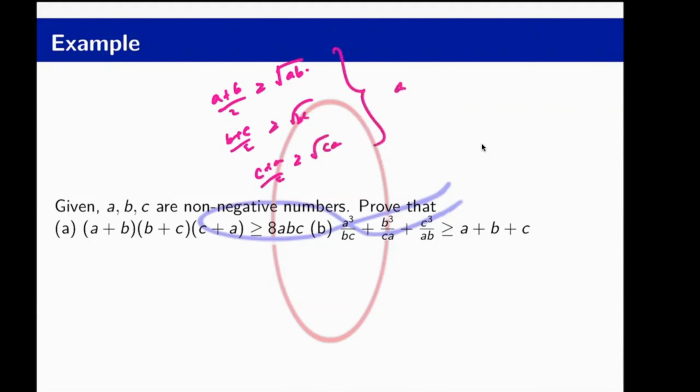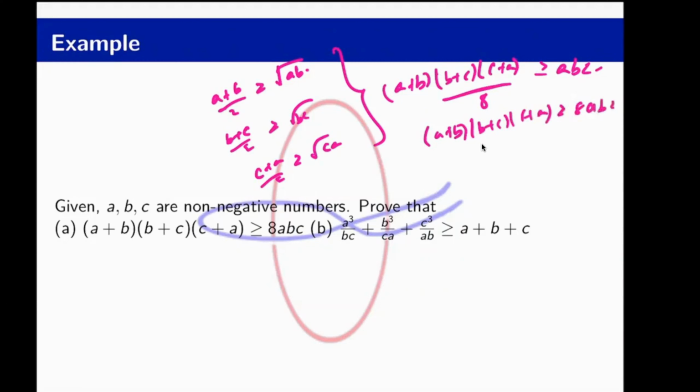If we multiply these three, we get that (a plus b) into (b plus c) into (c plus a) by 8 is always greater than or equal to abc. So after multiplying, (a plus b) into (b plus c) into (c plus a) is always greater than or equal to 8abc. We are basically rearranging this into three parts so that we get this inequality by multiplying them.